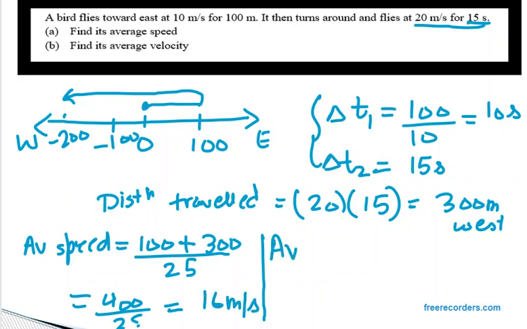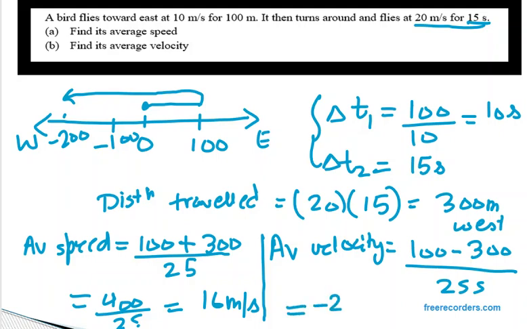Now the second thing is average velocity. Average velocity is given by displacement over time taken. In this case, the displacement will be 100 minus 300, over del t, where del t is 25 seconds.